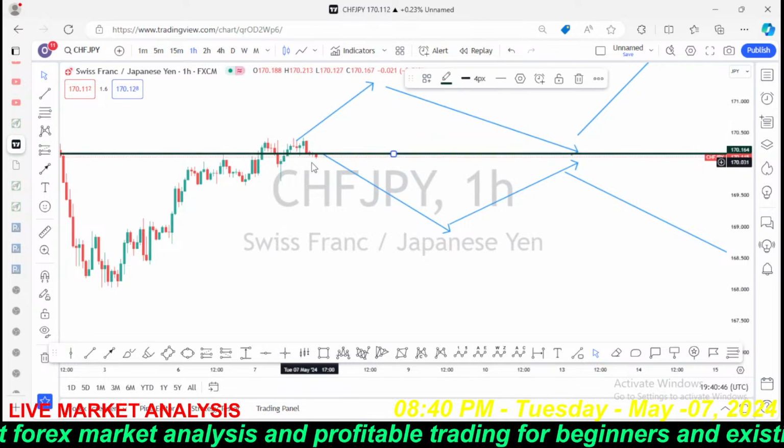Okay, this second to last bearish candle looks like a dragonfly doji.